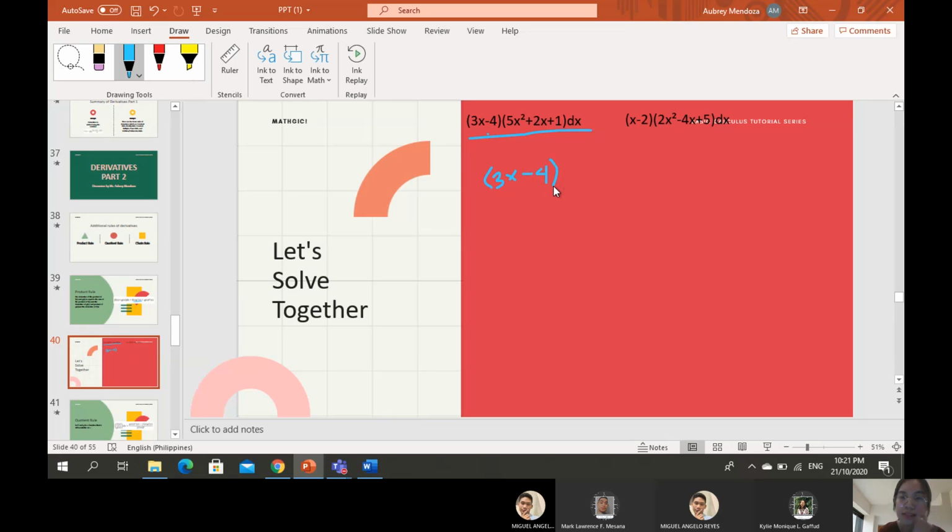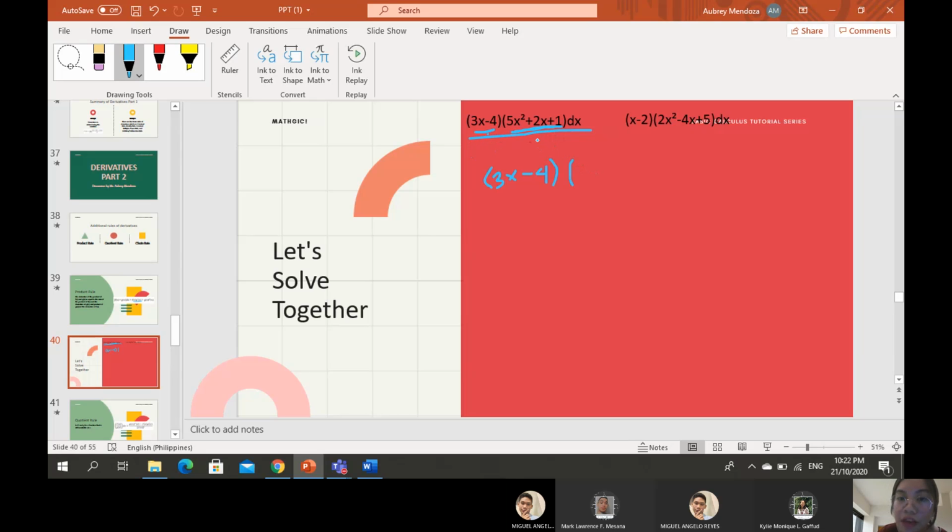And then next is let's get the derivative of g of x. So this is the g of x, the second function. By the way guys, when solving a product rule, make sure that we have 2 functions. So in this case, we have 2 functions, this one and this one. So let's get the derivative of g of x.